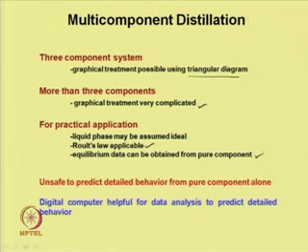This is what we do in most practical applications, but it is unsafe to predict detailed behavior from the pure component alone or from the binary systems. For rigorous calculations, digital computers are helpful for data analysis to predict the detailed behavior.